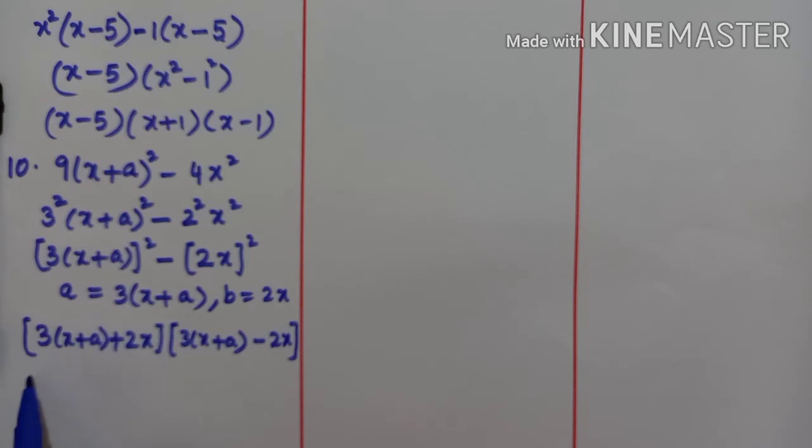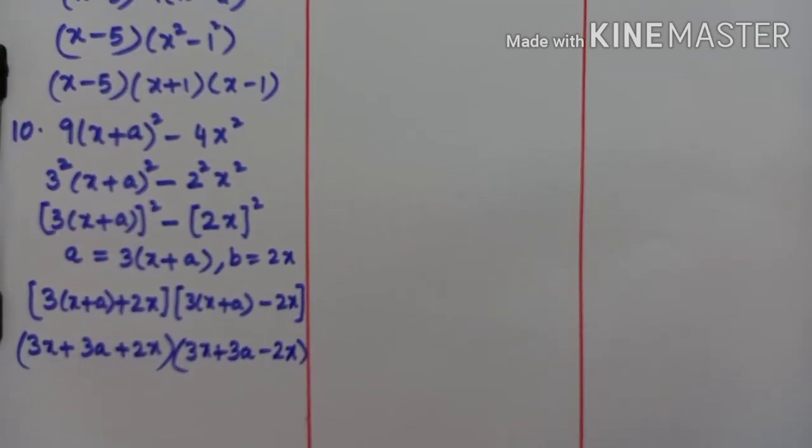You can open the brackets and calculate. 3 into x, 3x plus 3a plus 2x. Then 3x plus 3a minus 2x. So after this, 3x plus 2x will give you what? 5x plus 3a. Then your 3x minus 2x will be x plus 3a. Okay, so 5x plus 3a, x plus 3a.